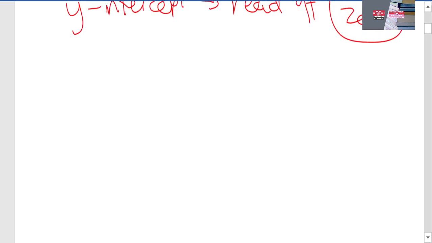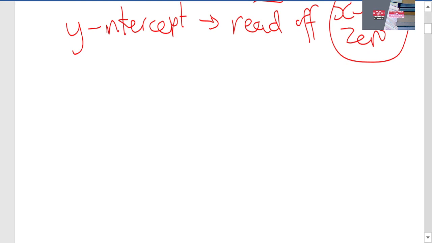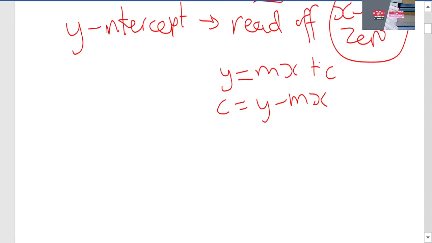So calculating the intercept, you find that in the form y is equal to mx plus c, because this is a straight line graph, c will be equal to y minus mx. Now, your value of x there should be equal to 0.